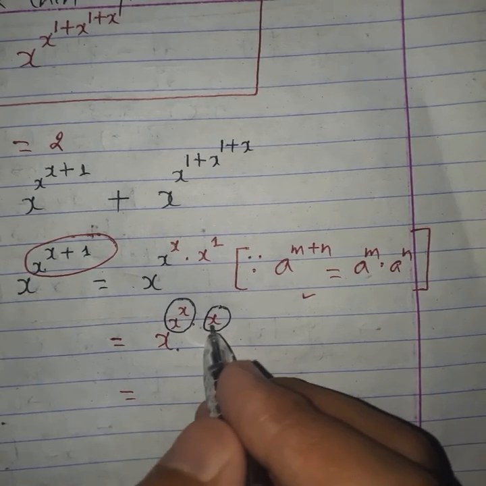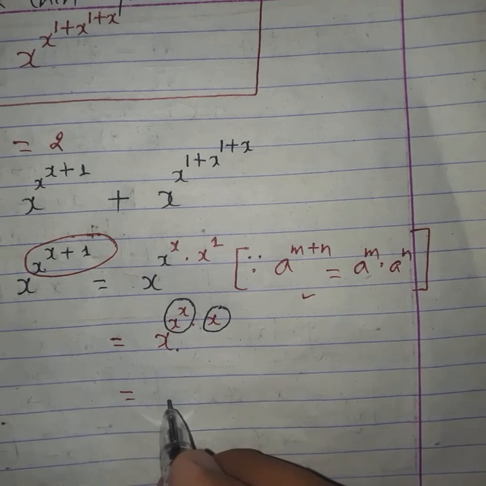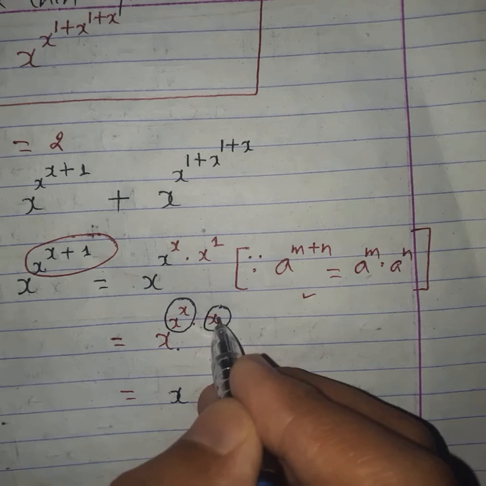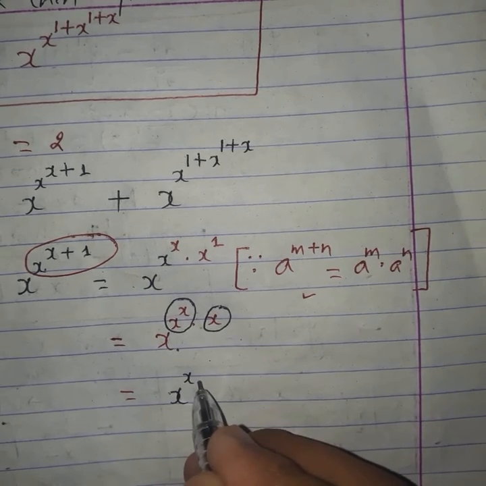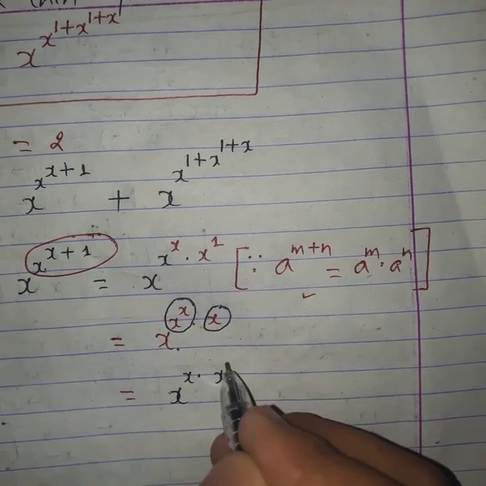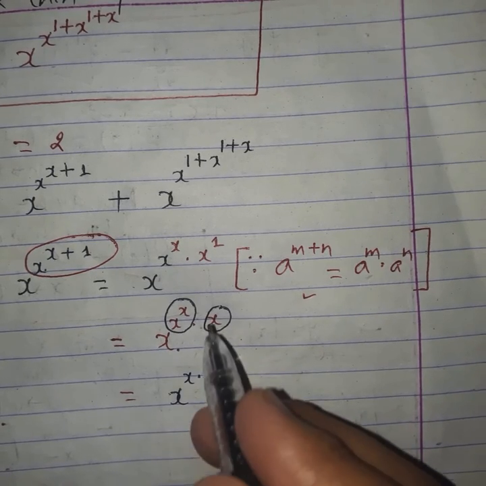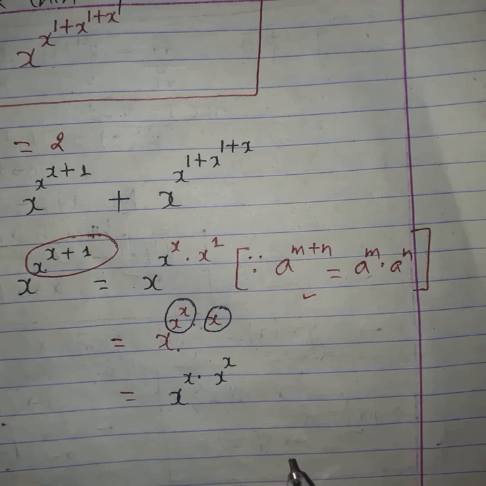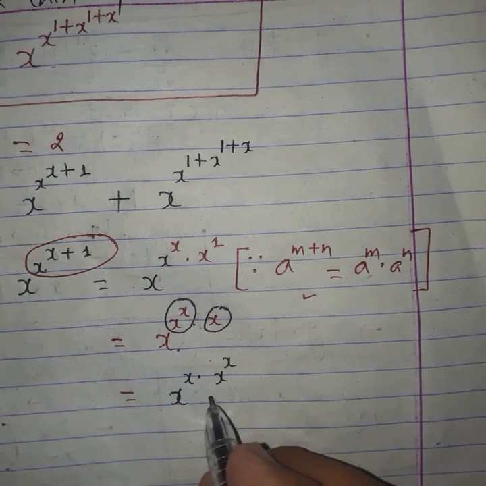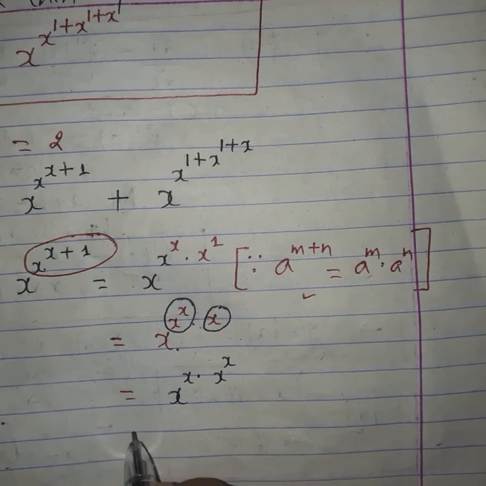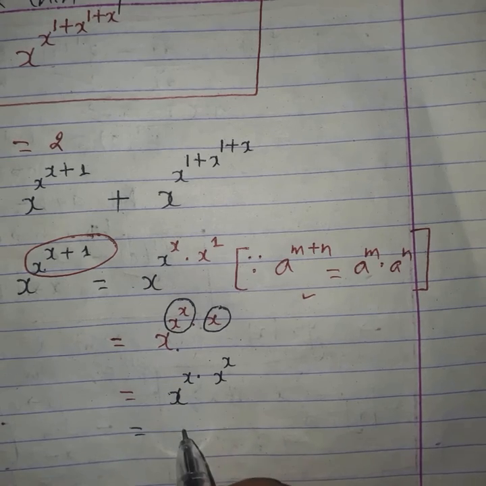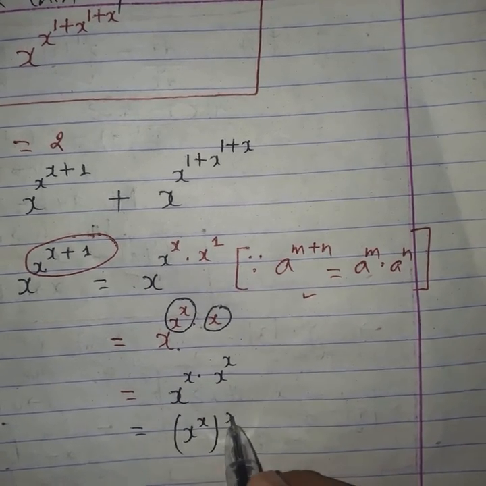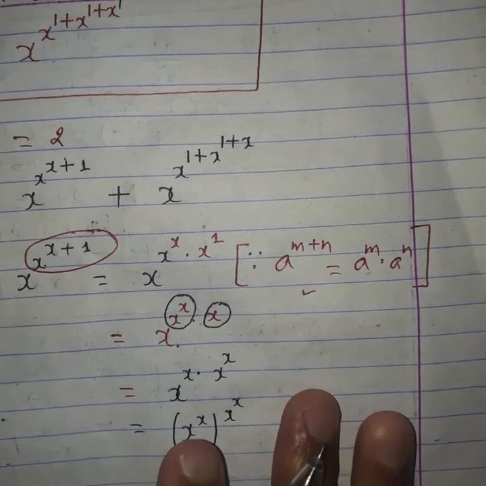We can interchange them and bring this x to the front: x to the power of x times x to the power of x. Here is a very beautiful form: x to the power of x, x to the power of x again raised to the power of x to the power of x.